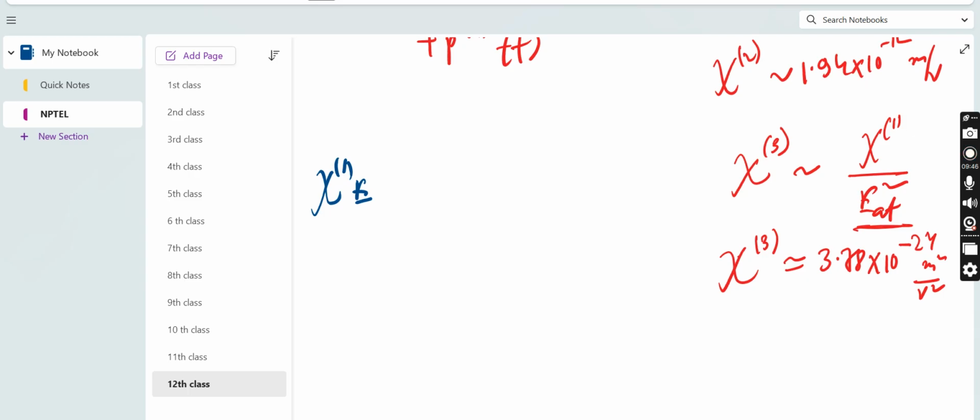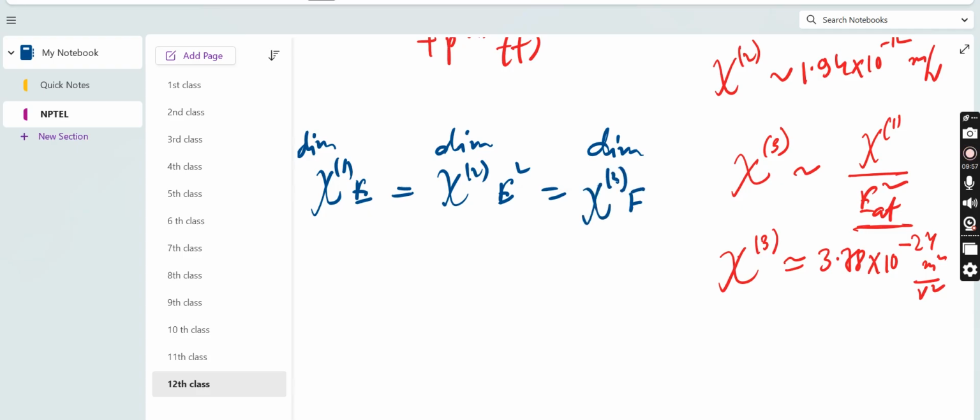So the dimension of chi 1 E is equal to the dimension of chi 2 E squared, which is equal to the dimension of chi 3 E cubed. Basically, the dimensions should match.